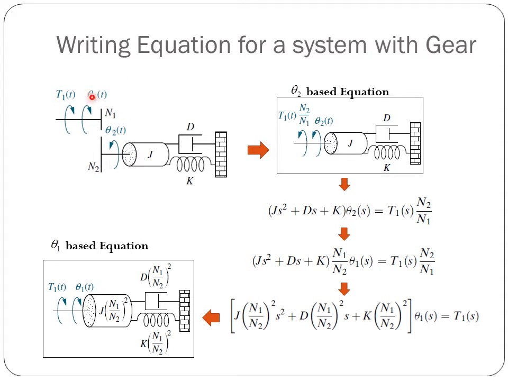When you know theta 1, you can immediately know the value of theta 2 by using this ratio. So these two variables are not independent. Keep it in mind. We will use this concept later on. So we are not going to write two equations. We will write only one equation, either on the left side or on the right side. Keep that in mind. Now next, practice one more example.